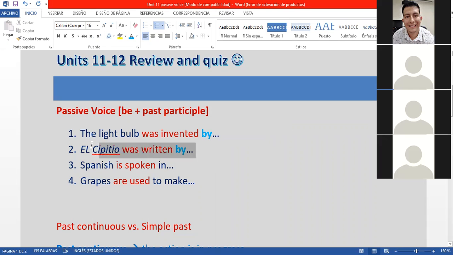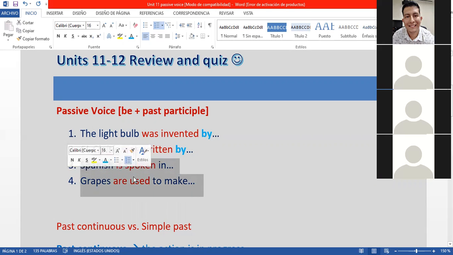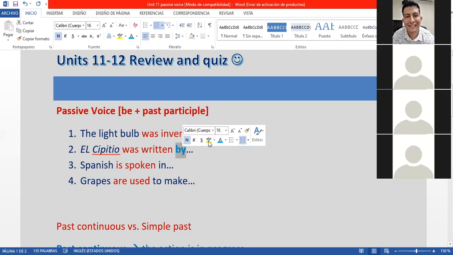Okay, so we see that in number 1 and in number 2, we are using by. Okay. Now, in number 3 and number 4, we are not using by. Remember that when it is obvious or it is not important, we do not use the by phrase. Leonardo, complete the sentence. Spanish is spoken in... Can you complete the sentence, please, in number 3?